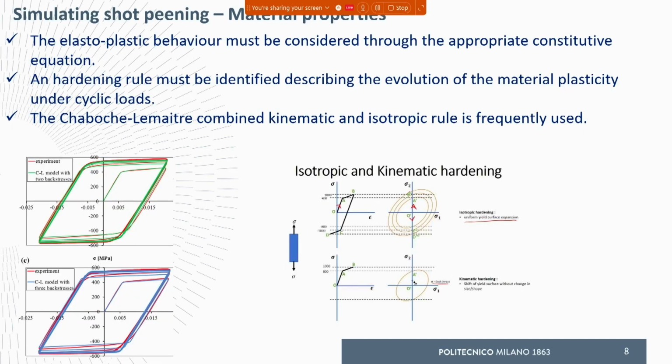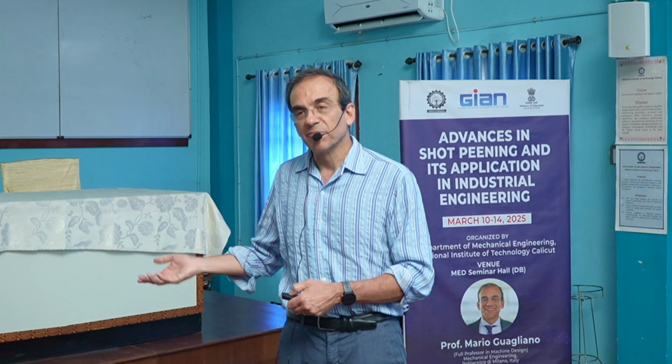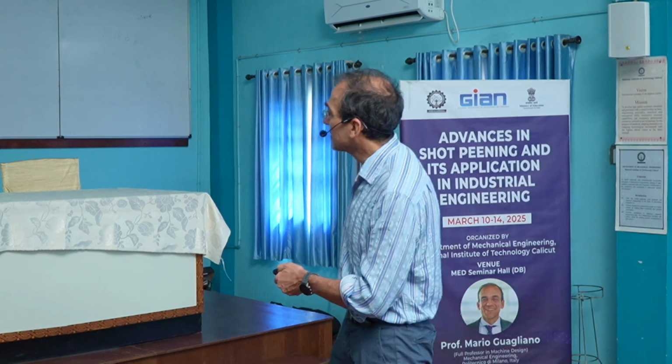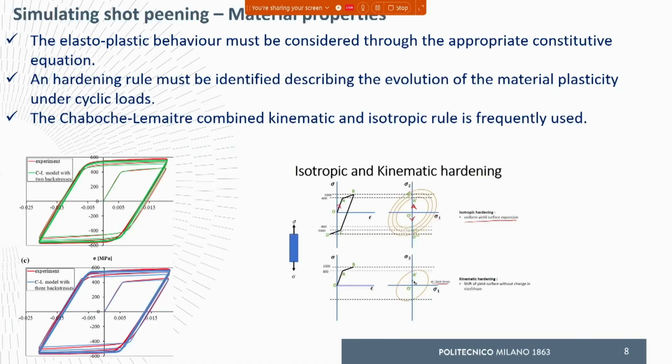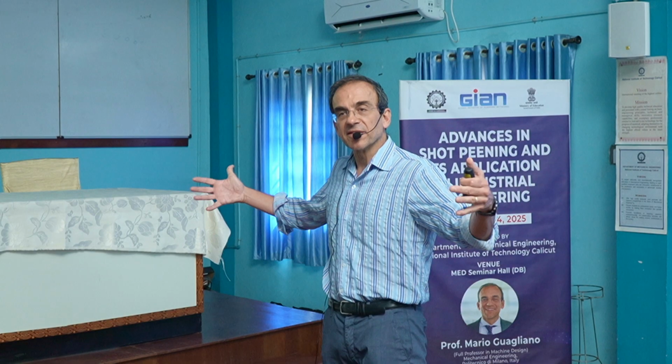Okay, and according to the isotropic hardening rule, the smallest ellipse is the plasticity ellipse for the virgin material, so for uniaxial load. If you exceed the yield stress, the curve will increase, maintaining the same center, so it expands this way.